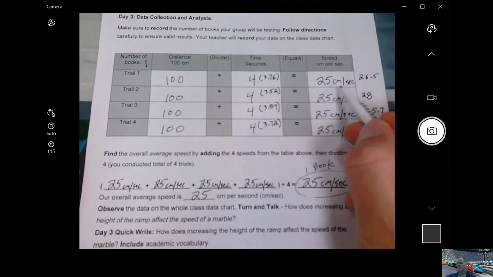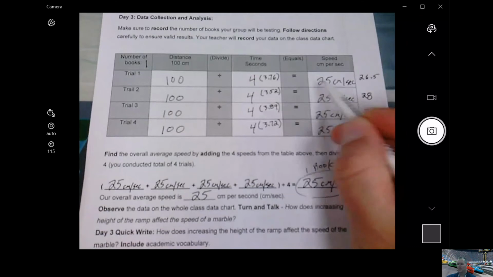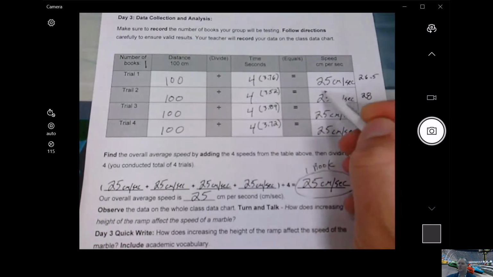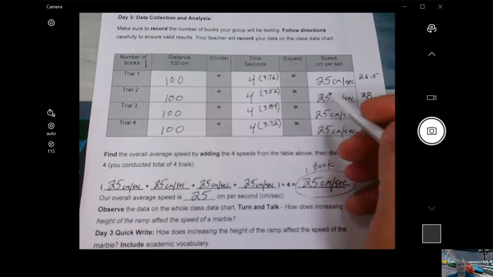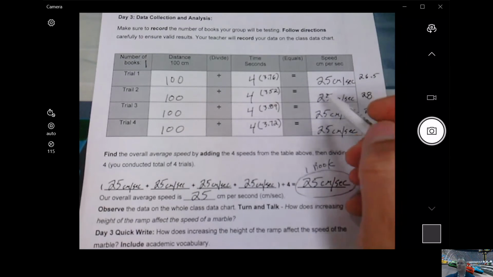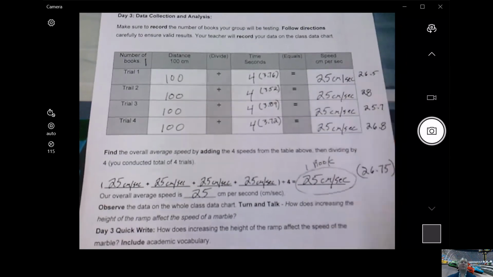That means for every second, which was about 4 seconds, the marble was traveling 25 centimeters. So it was covering a distance of 25 centimeters about every second. That's what that means. Think about when you're in a car, if you're going 60 miles an hour, that means you're covering a distance of 60 miles within an hour.